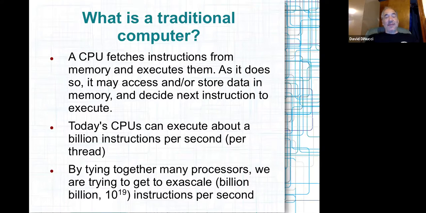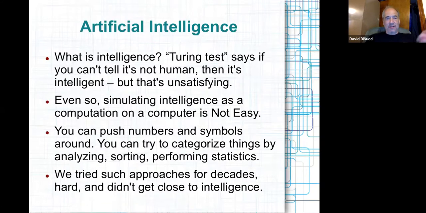By tying together many processors, we're currently striving to get to a level called exascale computing, which is basically 1 billion billion operations per second. Some will claim that we've already attained that goal. But all of this is still the same idea of following instructions, a very step-by-step operational approach.